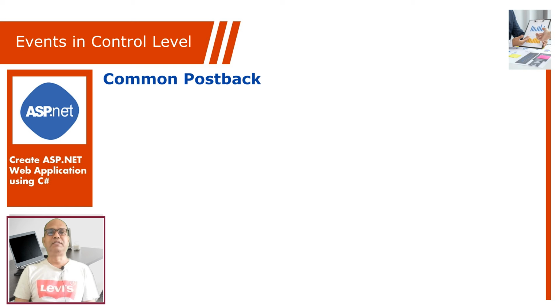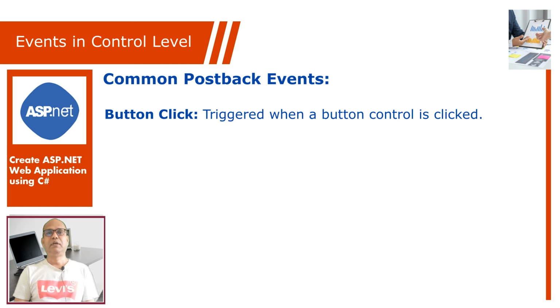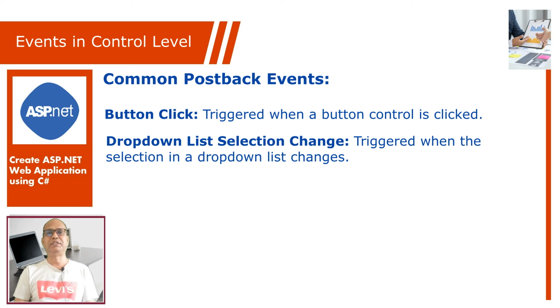Common postback events. Button click: triggered when a button control is clicked, as per example, the onclick event. Drop-down list selection change: triggered when the selection in a drop-down list changes, as per example, the selected index changed event.